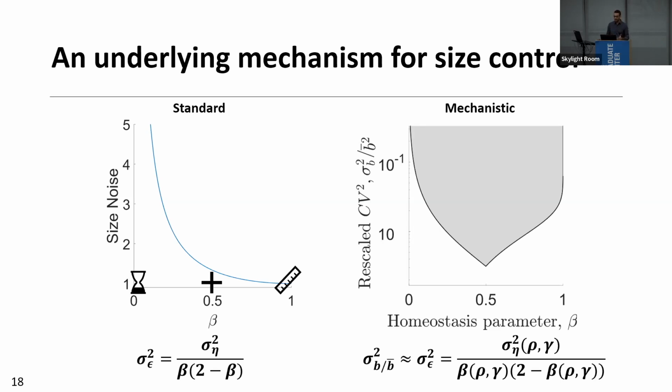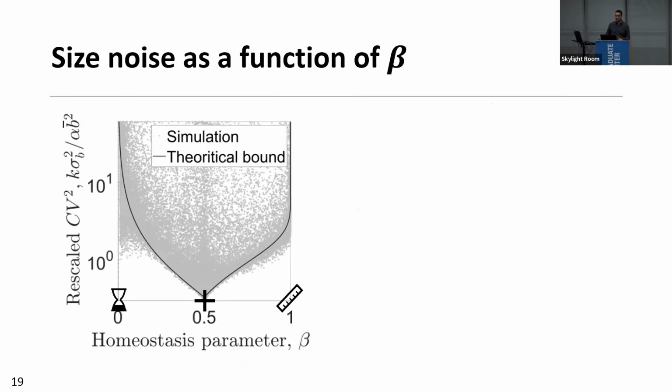So we simulated this model to see what's going to happen. We see that this envelope theoretical bound curve is satisfied. And you can imagine each point of the simulation here as being a different experiment with a different set of parameters and conditions.